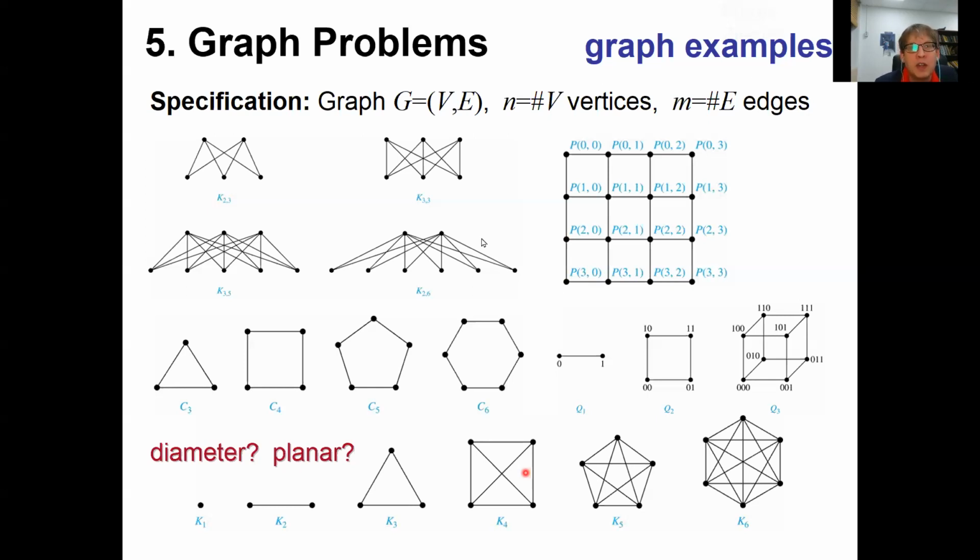Therefore, the diameter is also only concerned with shortest paths. The diameter is the largest distance between any two vertices, but the distance considers only shortest paths, and therefore does not pass through a vertex repeatedly. Thank you. Okay, so that concludes this slide.